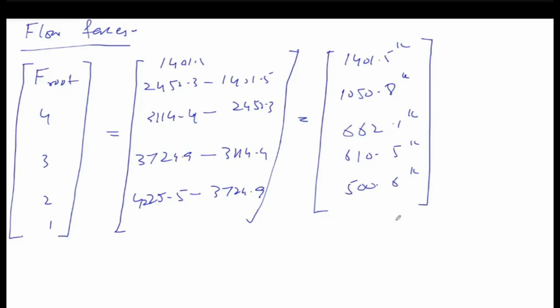Okay, these are the floor forces that we obtained from the combined story shear. And so these are the forces that will create the final mode shape envelope of the structure.